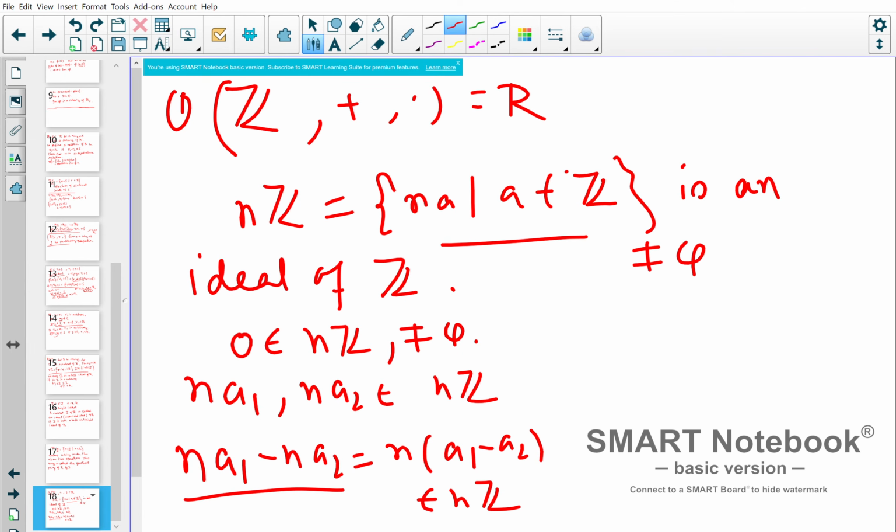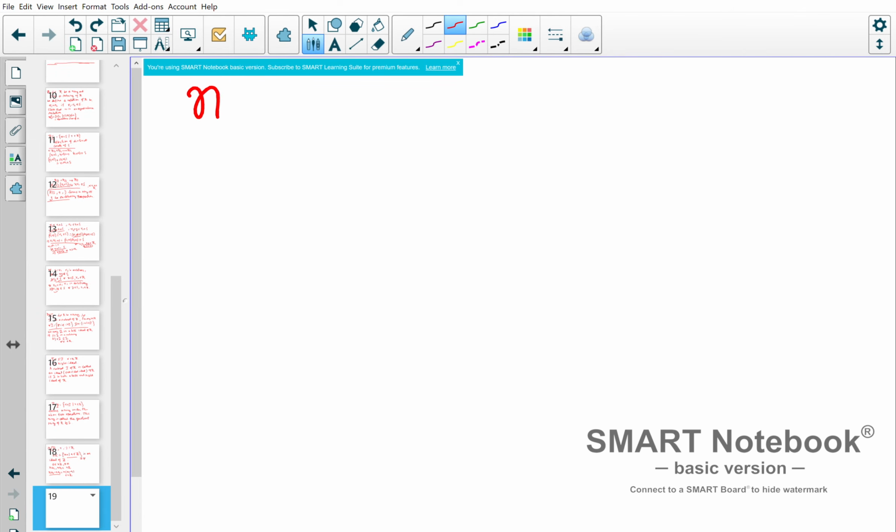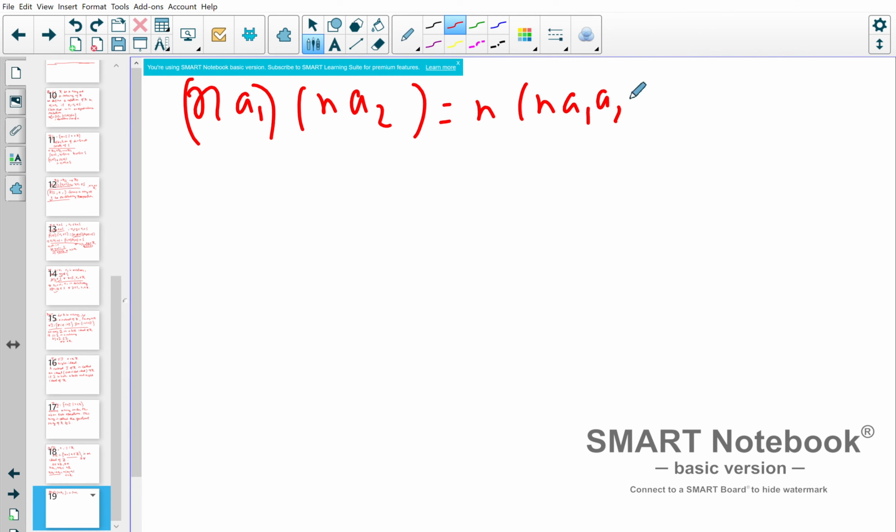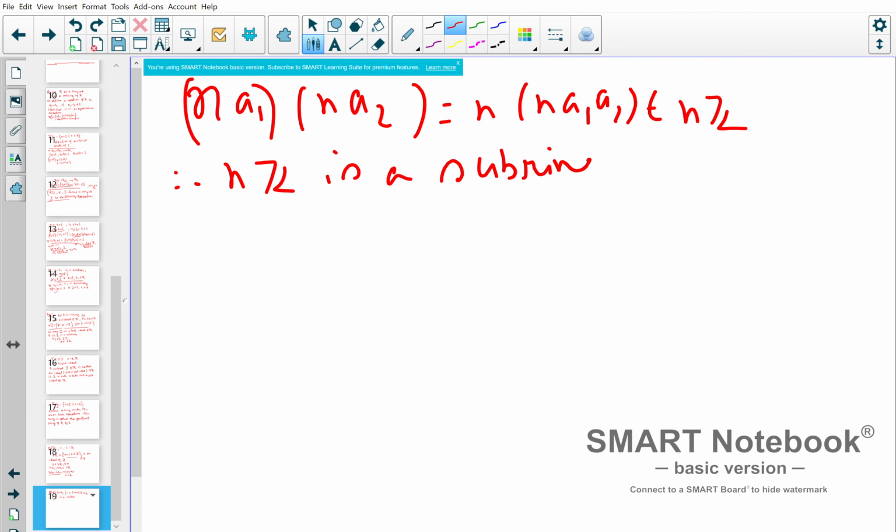Similarly, n·a1 times n·a2 is nothing but n times something. This is also an element of nZ, right? So nZ is a subring of Z.